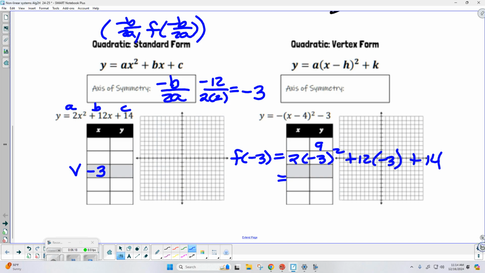Now we're going to double that, so that's 18. Now 12 times negative 3, that's minus 36 plus 14. Okay, so what's 18 minus 36? Negative 18. And then plus 14. So we should be getting a negative 4.